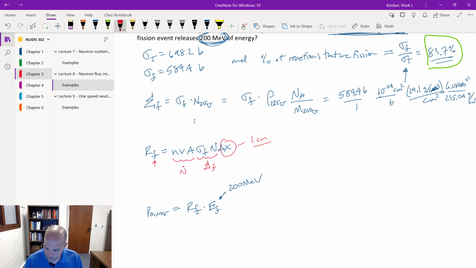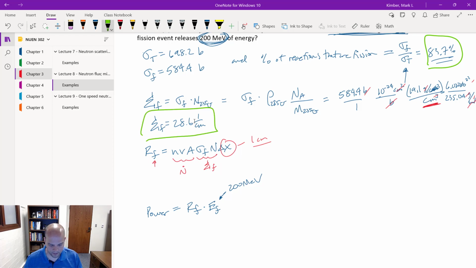And so in my units I've got centimeter squared, get rid of my barns. My grams are gone, and there's a mole up here for my Avogadro's number. And I'm left with just that extra centimeter down there. And so my fission cross-section, if I do this calculation, I get 28.6 per centimeter.